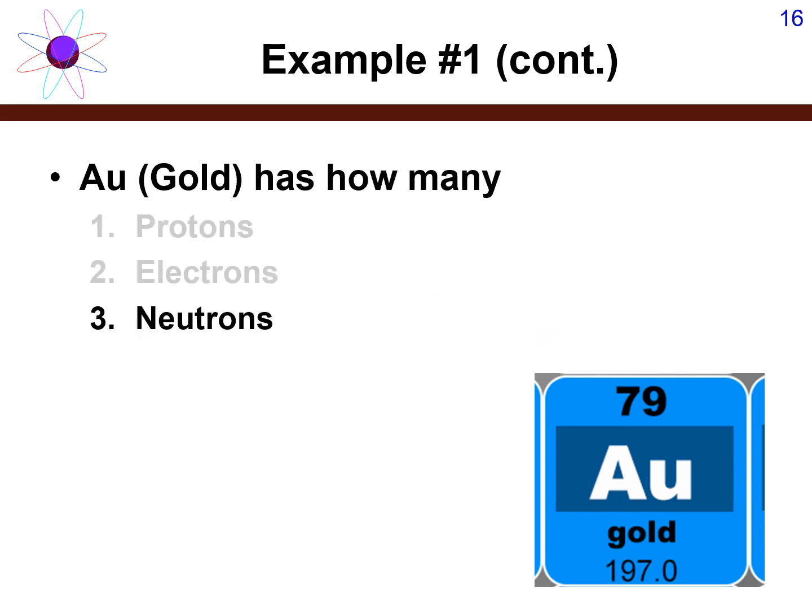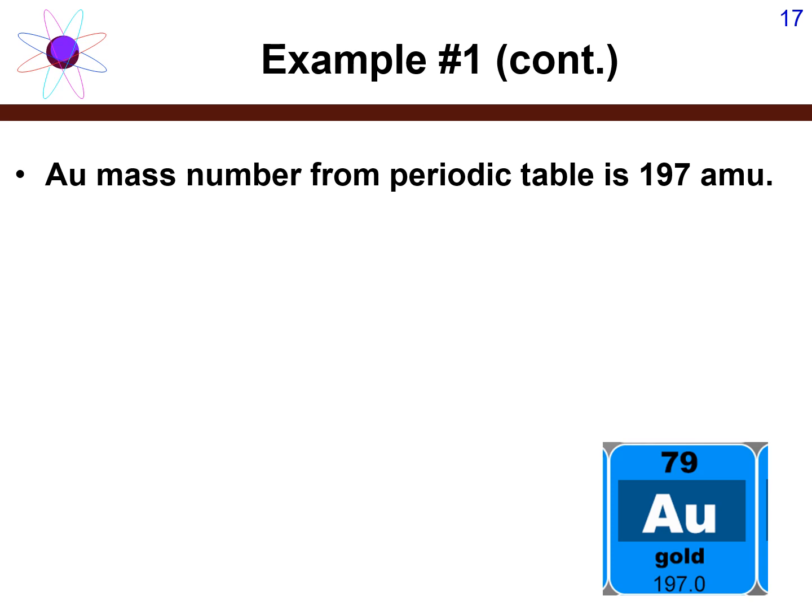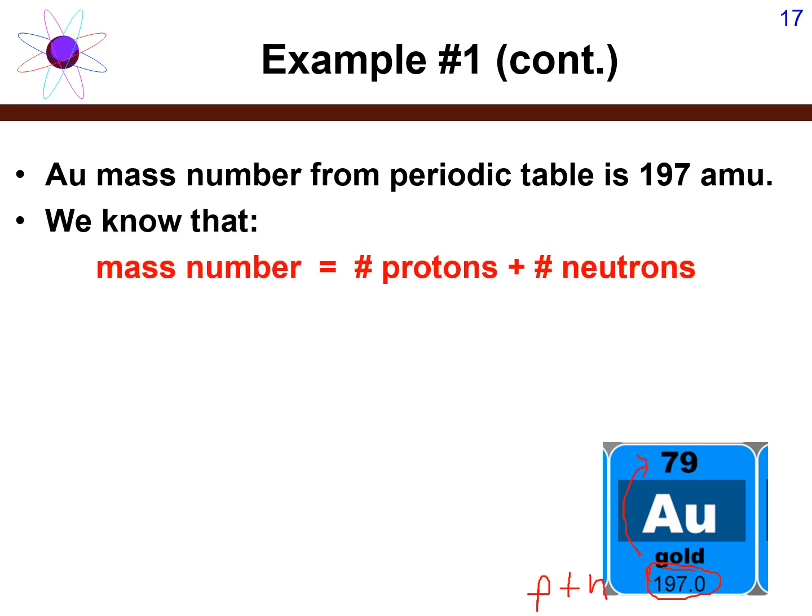And lastly, these neutrons. And neutrons are a little trickier, because you have to use the mass number below, which is 197. And we're going to basically take 79 out of that 197 because that 197 represents protons plus neutrons. So if 197 is our mass, and that's our protons plus neutrons, if we take out simply the number of protons, we can get our number of neutrons.